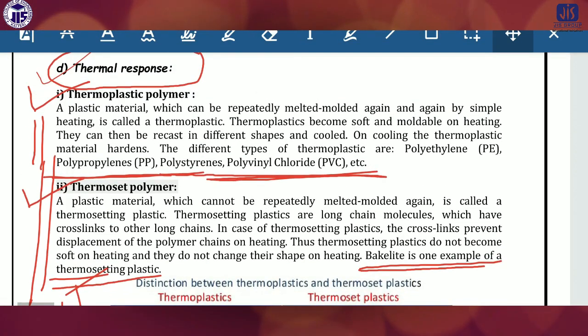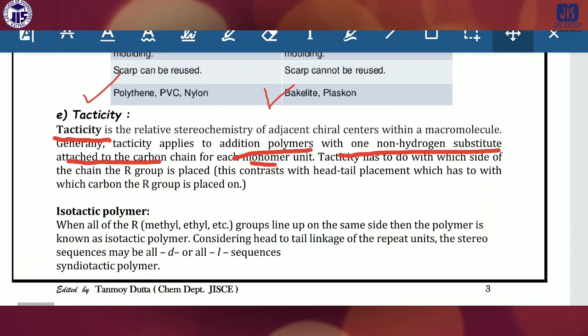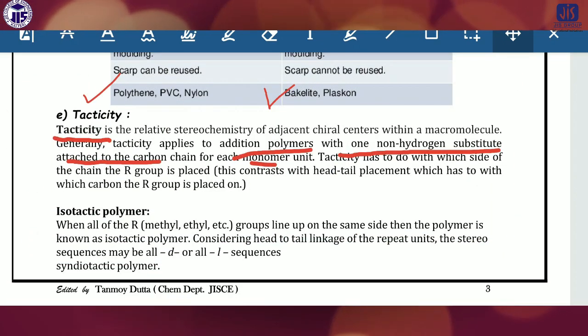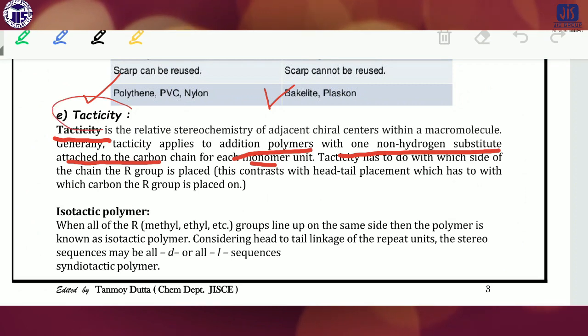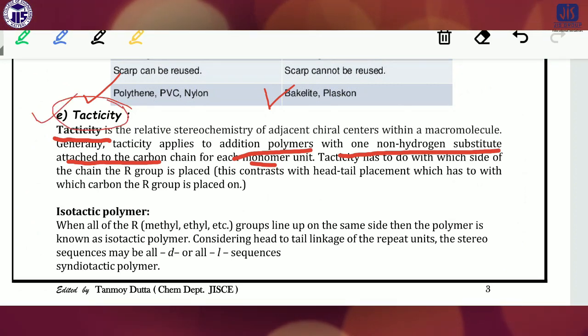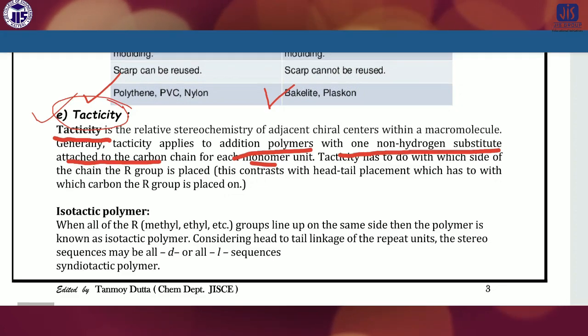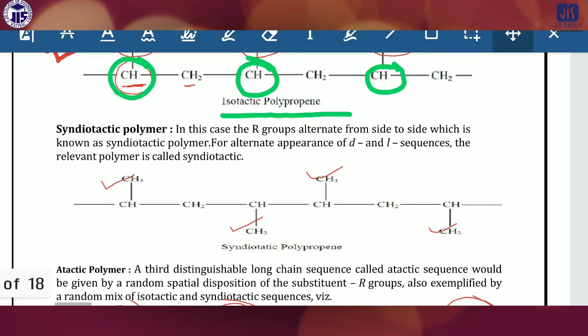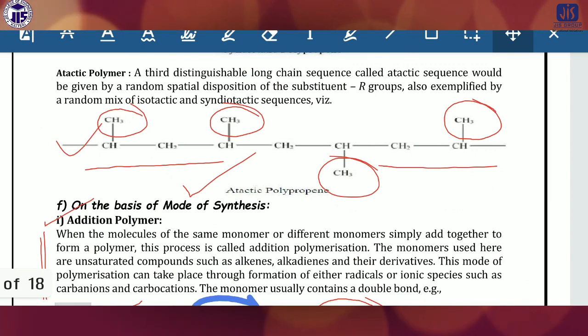Then under thermal response, you know that there will be thermoplastic polymer and thermosetting polymer, with a specific example. Okay, then come to the fifth category, depending on the tacticity. Under tacticity there are three kinds of polymers present, like isotactic, syndiotactic, and atactic.